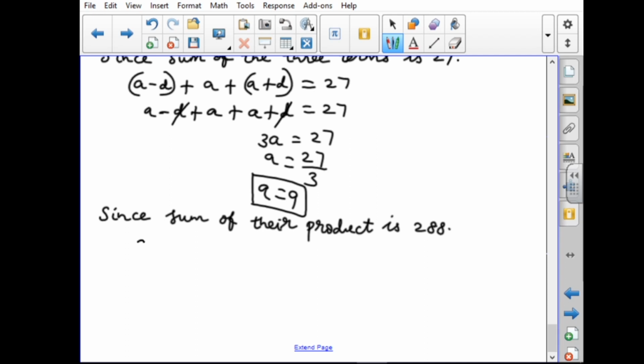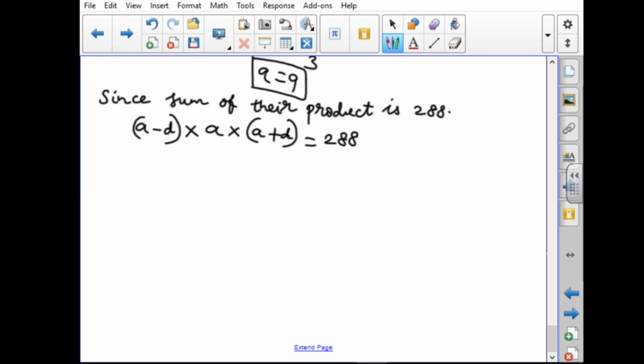So the first term a minus d into the second term a into the third term a plus d equal to 288. Here a minus d into a plus d, we have to bring this as a square minus d square, into a equal to 288.